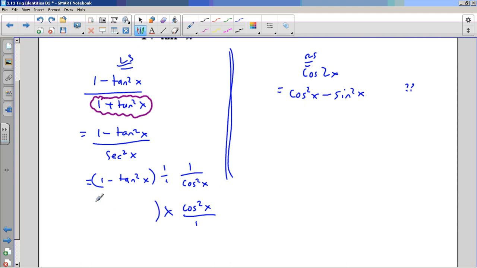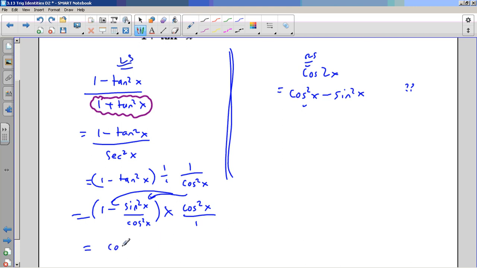Notice that right now, if I were to multiply through this bracket, 1 times cos squared theta, I'd have that term. Is it possible that I could get sine squared theta out of this? Well, now let's write tan in terms of sines and coses. This is sine squared x over cos squared x. I multiply through, and geez, I got it.